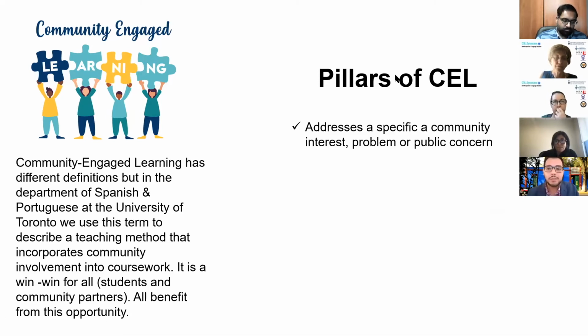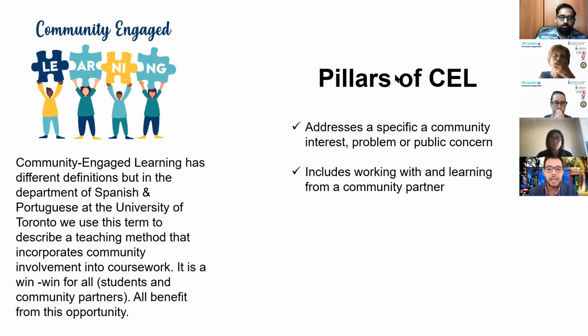The pillars of community engaged learning: it addresses a specific community interest or problem of public concern. It includes working with and learning from a community partner. Our students are placed throughout the semester with, for example, a company that makes chocolate. They bring that chocolate from Latin America, and then they produce chocolate bars here in Canada.